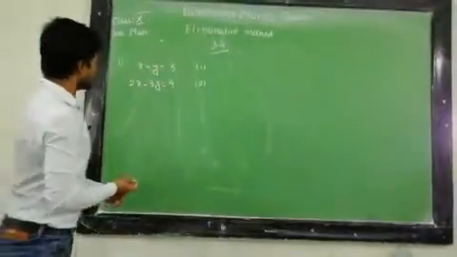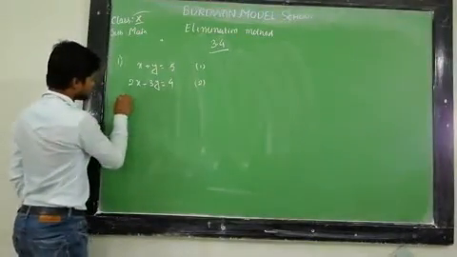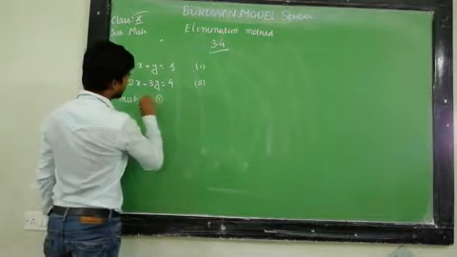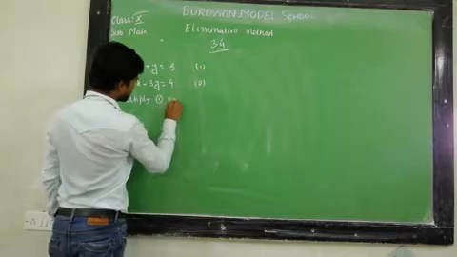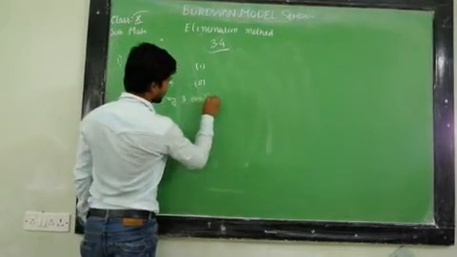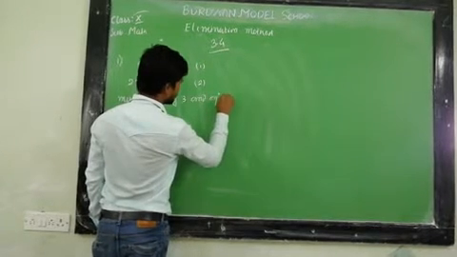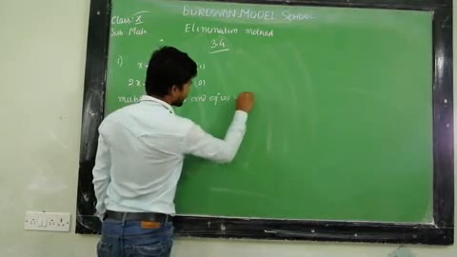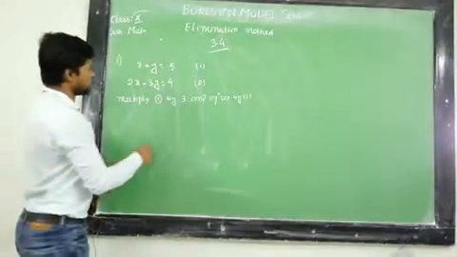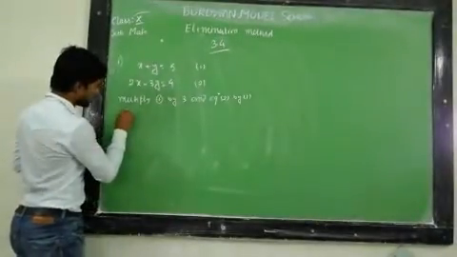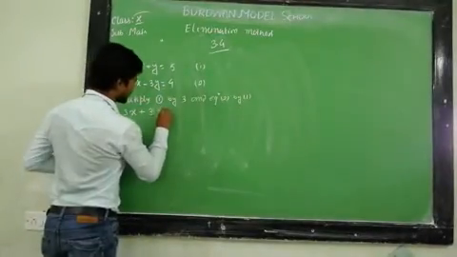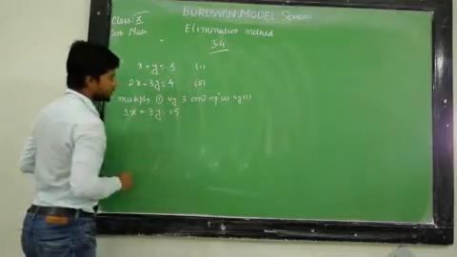Now we multiply equation number 1 by 3 and equation number 2 by 1. If I multiply the first equation by 3, we have 3x plus 3y is equal to 5 threes are 15.